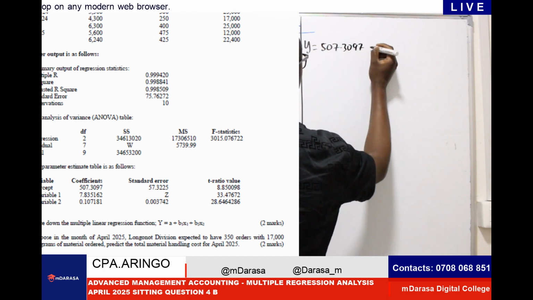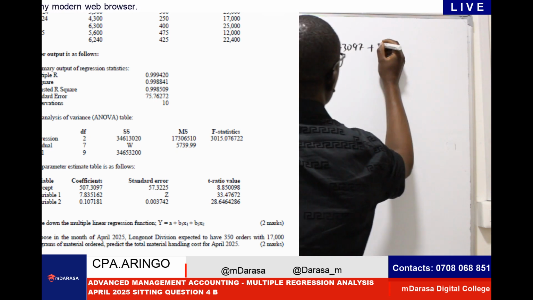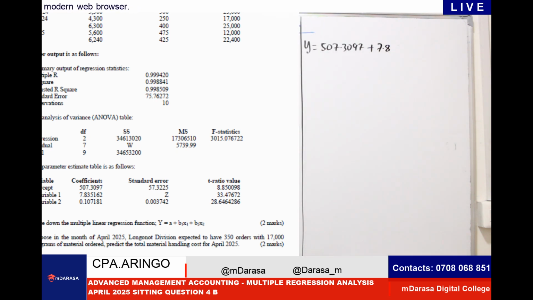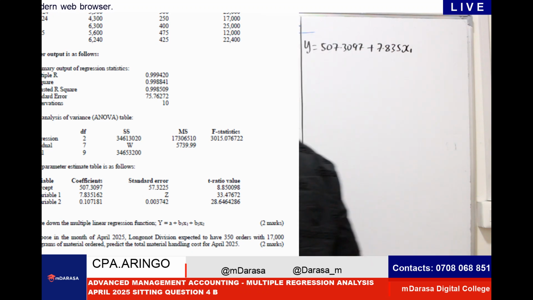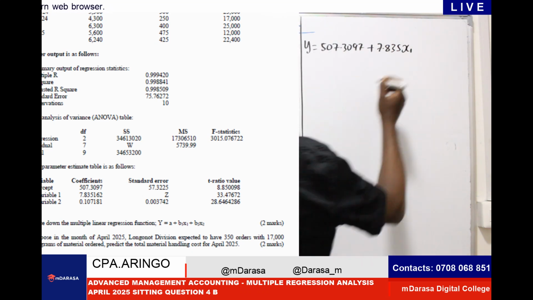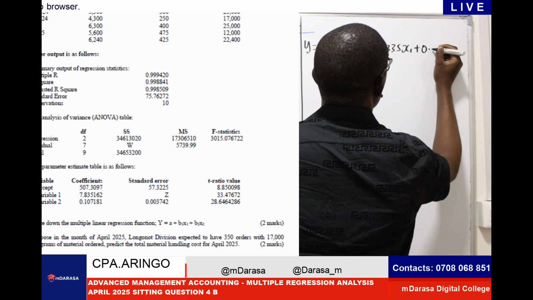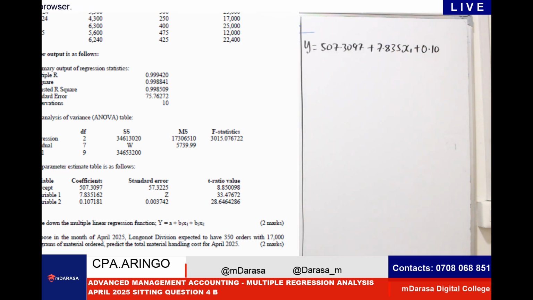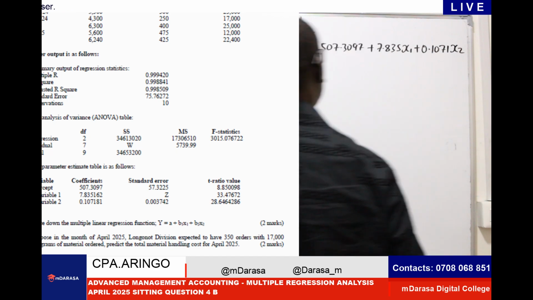547.3097. We add our variable, which is B, being our slope, variable X, variable 1, we have 7.835 x1, you can take the full value, plus the other variable, which is 0.107181 x2.